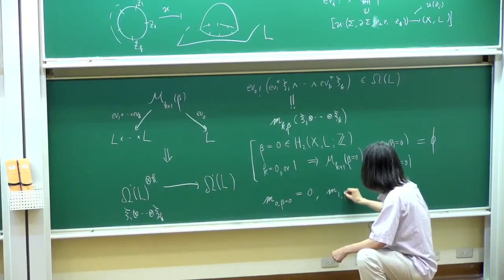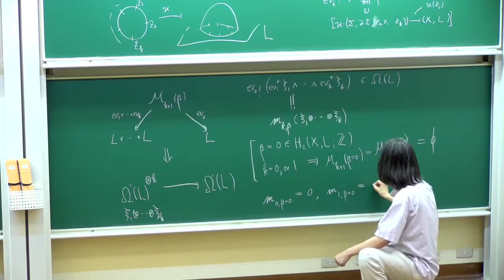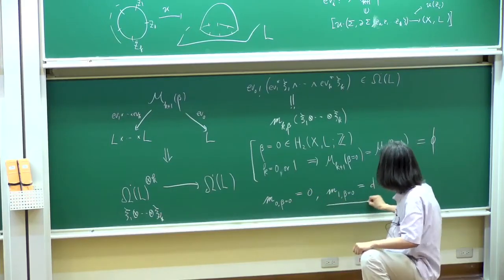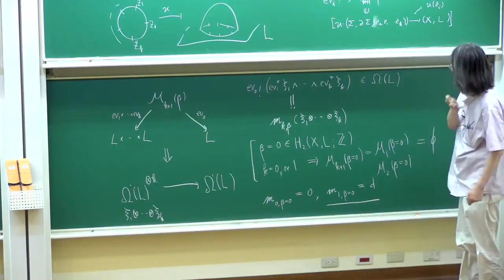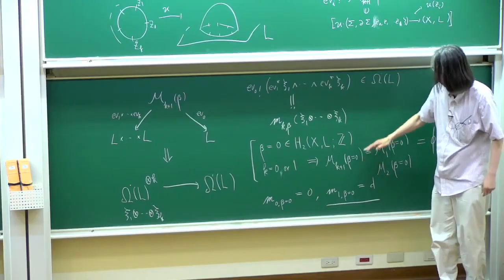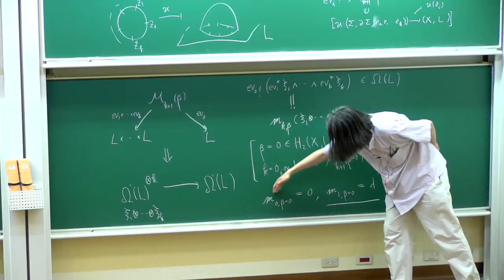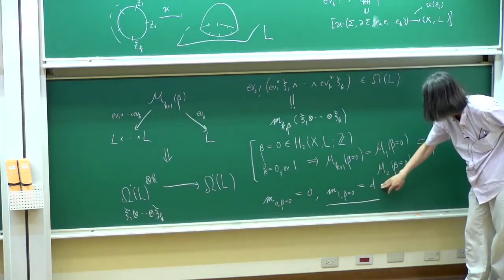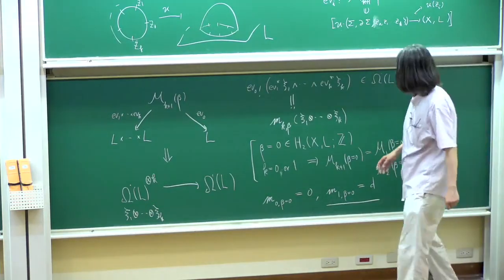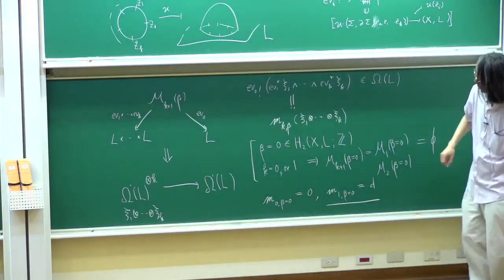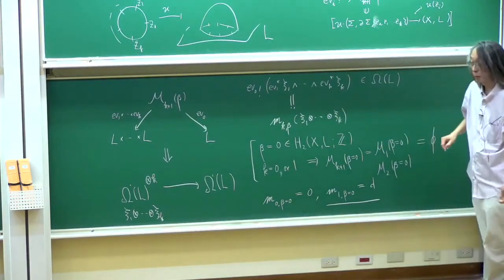M1, beta equal to 0 is actually, now I use this differential form, this is the exterior derivative. So this is a special case: we put M0, 0 is 0, and M1, 0 is equal to d, the exterior derivative. For the other cases, we use this as a definition of these M_k,beta operations.